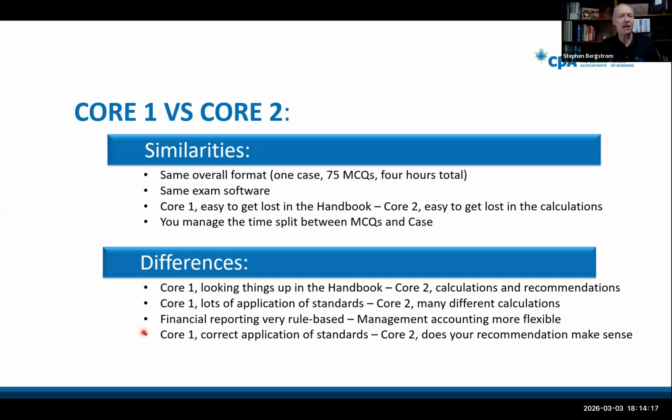It's getting enough of a calculation that you're able to say, I recommend you do this. And if that recommendation makes sense, that is what they're looking for in your response. Does your work flow logically? Does your recommendation flow logically? And we'll talk a little bit more in a bit. You can make some small errors in your calculations and still be competent in your response, provided it's a logical, methodical approach and your recommendation makes sense.